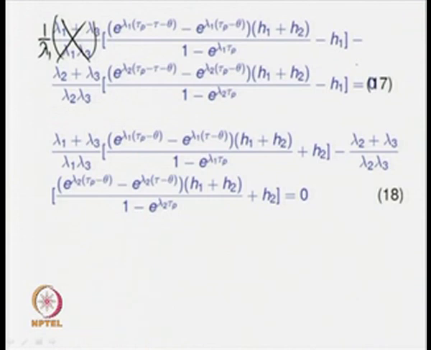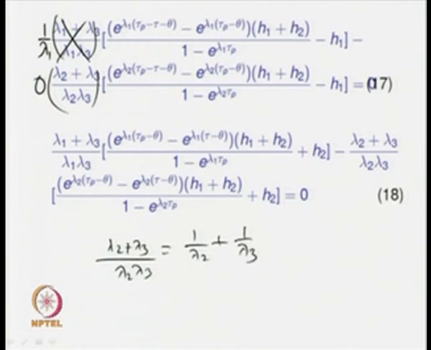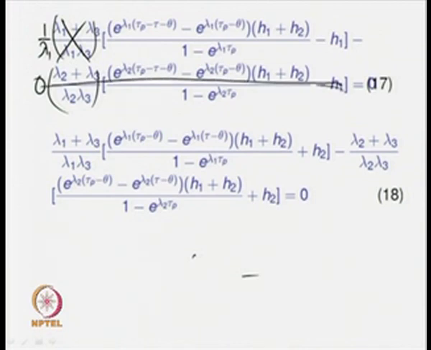Now, coming to the second part, lambda 2 plus lambda 3 divided by lambda 2 lambda 3 will give you how much? It will be 0. How is that so? Because lambda 2 plus lambda 3 divided by lambda 2 lambda 3 is nothing but 1 upon lambda 2 plus 1 upon lambda 3. As we know, lambda 2 tends to infinity and lambda 3 tends to infinity, therefore this is 0 plus 0 is 0. So I get 0 multiplied by the whole factor we have here, and that term can be removed.